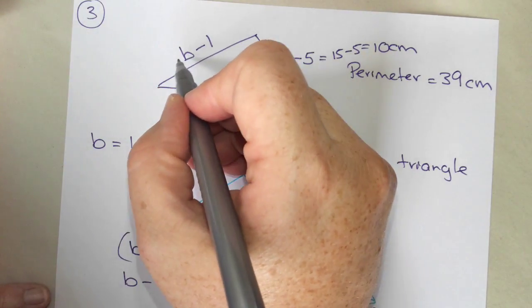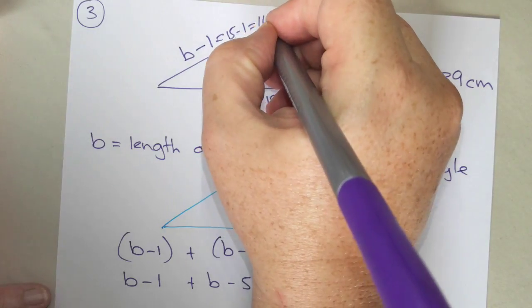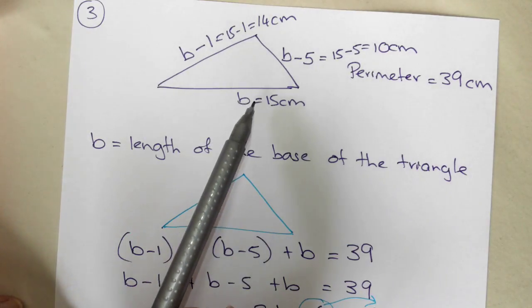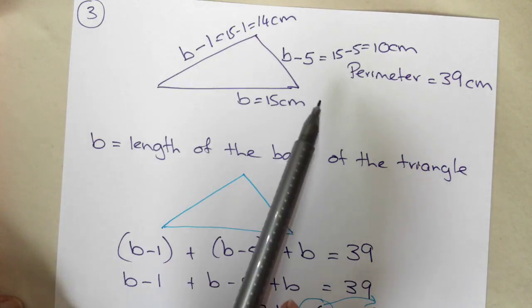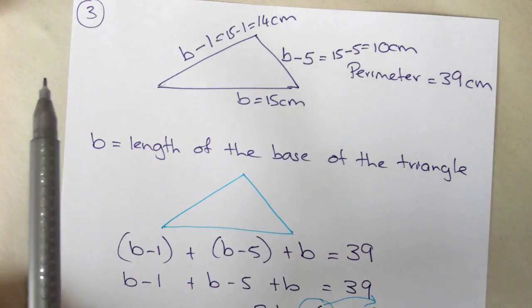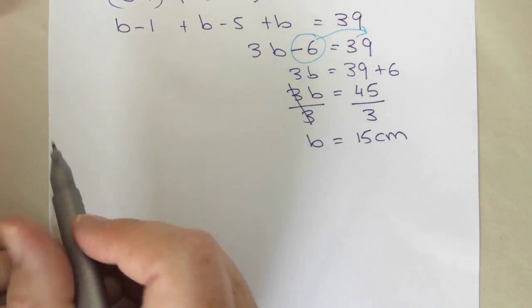This other side is 1 centimetre shorter than the base, so that's going to be 15 take away 1, which is 14 centimetres. So now we're going to write a sentence talking about the dimensions: the base is 15, one side is 10 centimetres and the other side is 14 centimetres. And that is the answer to the question.